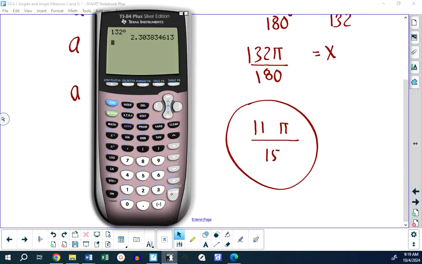Now, if I try this little trick, math, enter, enter, it goes nowhere because that's an irrational number. Why is it irrational? Because it's a multiple of pi. So if I want an exact value here, and I know this is a multiple of pi, why don't I divide pi out of it and convert that to a fraction?